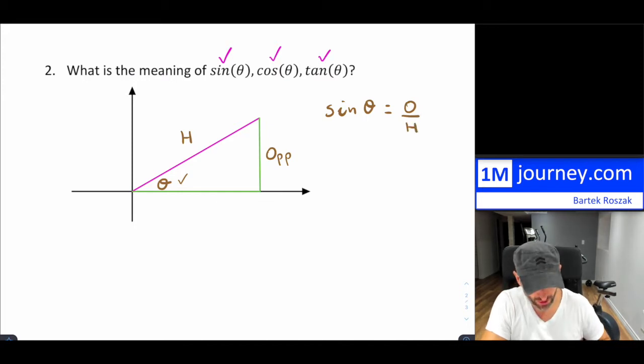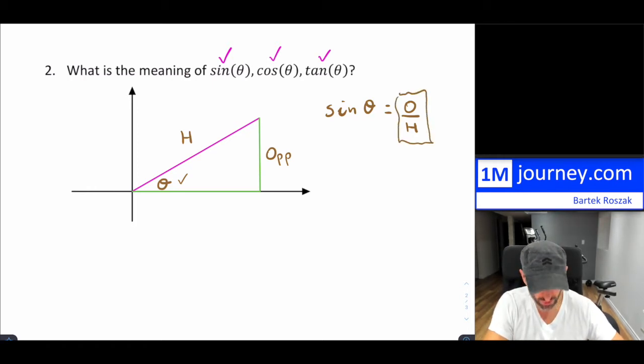That's what sine theta actually means. The meaning is the ratio between the two sides, the opposite and the hypotenuse of a triangle. All right, so that's what that means.